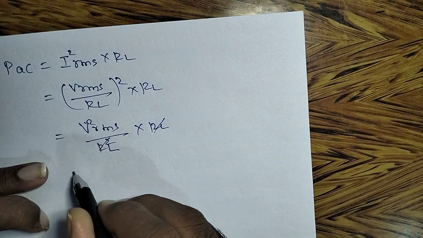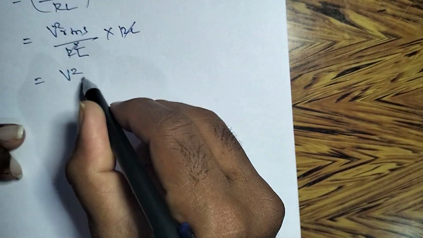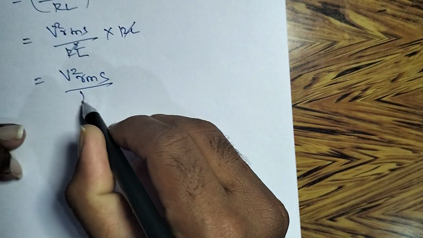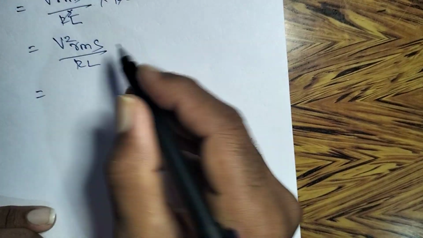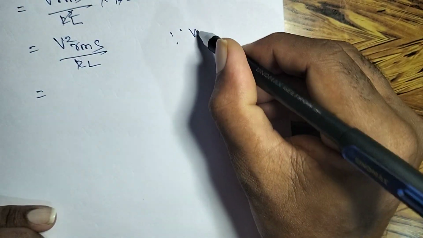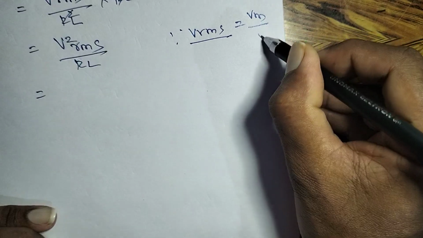One RL gets cancelled, so the remaining expression is VRMS square by RL. Now what is VRMS here? VRMS is equal to Vm by root 2.